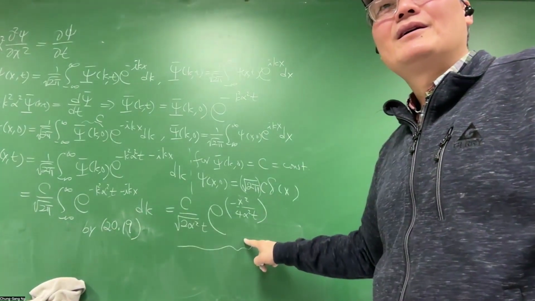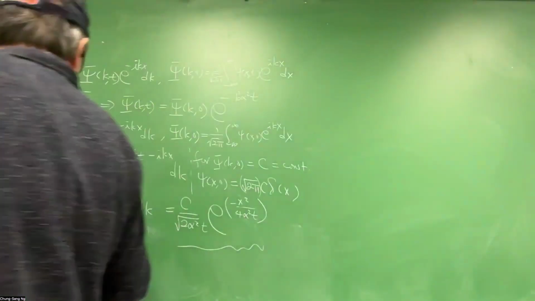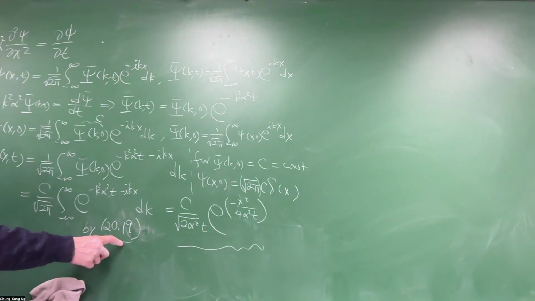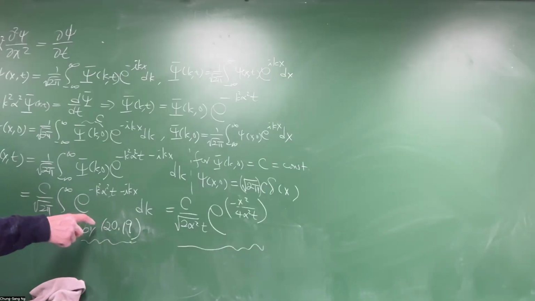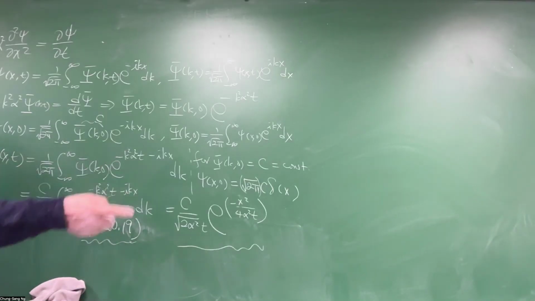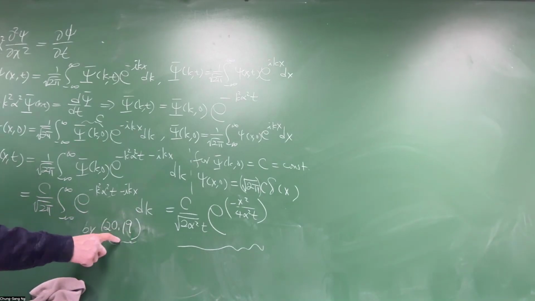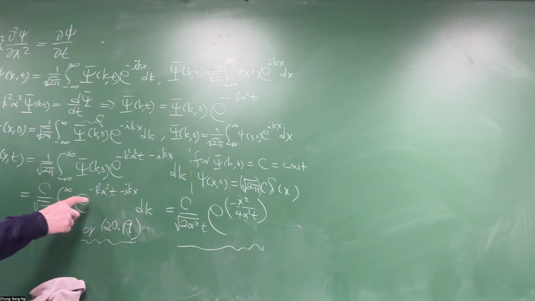This one. How do I get this one? I'm saying this is by this example. We did that in class. This is the example of taking a Fourier transform of a Gaussian, and that involved completing the square, of course. But this is an inverse transform integrating dk.